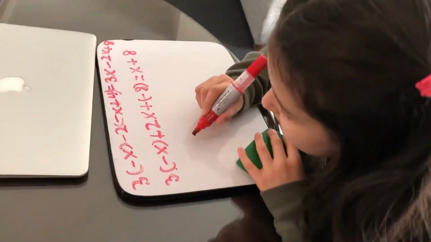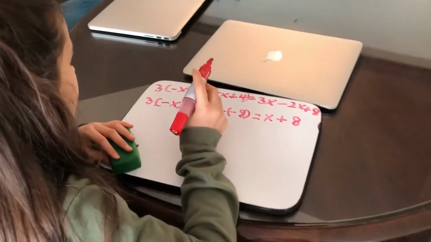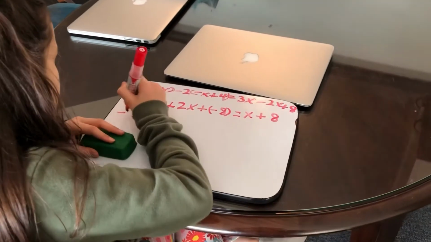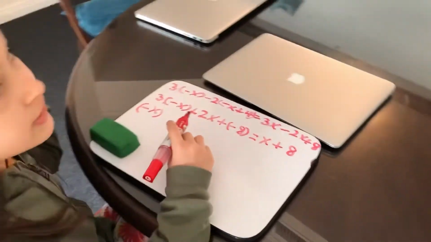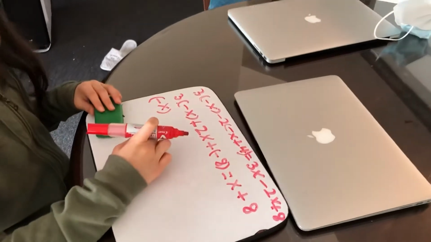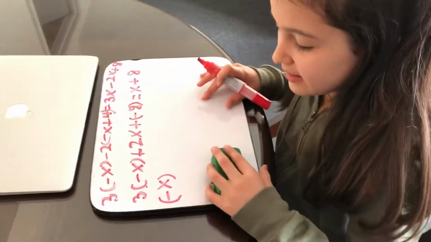So it will be equal to x's, and I need to remove the 2 x's, and I will have here a negative x. It's just like negative x could be just to subtract an x. You can think that in that way. So it will be easier to think about it.